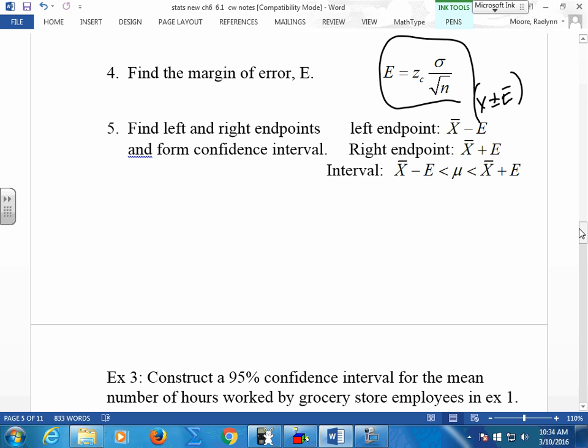What I want you to do here is add this. You're going to interpret your interval, and I want you to add this little piece.